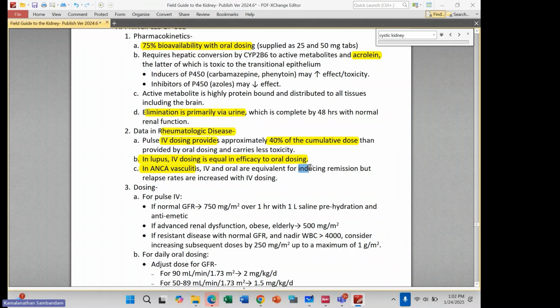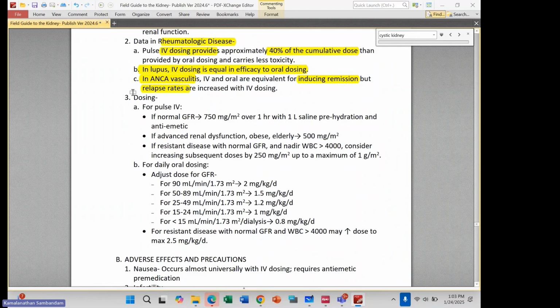In ANCA vasculitis, Mustafa taught us that in a shorter-term randomized controlled trial, CYCLOPS, the remission was equivalent with IV versus oral. Remember, don't use the lupus protocol, though. You have to give it every 2 to 3 weeks if you're going to give it via the CYCLOPS protocol. But relapse rates are increased. Okay, so personally, I don't use IV cyclophosphamide for ANCA vasculitis.